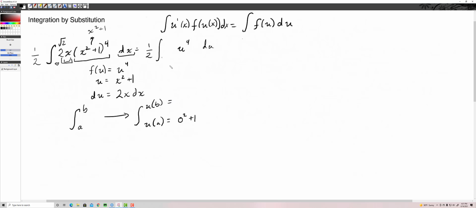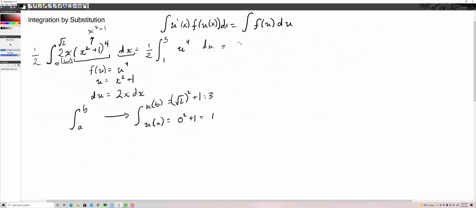This is going to be square root of 2 squared plus 1. Look, see, this would be a, and I've plugged it into u. This is square root of 2, and I've plugged it into u to get my new bounds. So these are just going to be 1 and 3.